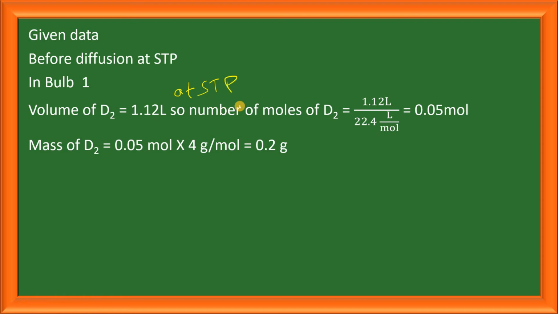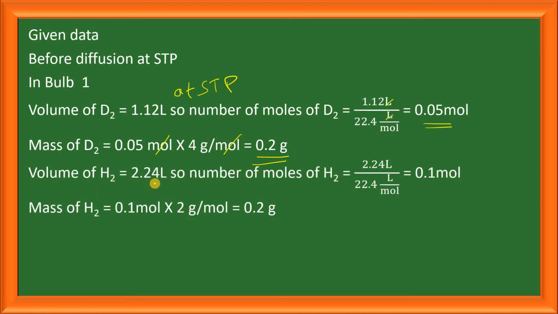As this volume is at STP, the number of moles of D2 will be 1.12 upon 22.4, so liters cancel, and we get the number of moles of D2. Mass of D2 will be the number of moles times the molar mass of D2. The molar mass of D2 is 4 grams per mole, so mole cancels, and we get the mass of D2 in bulb 1.